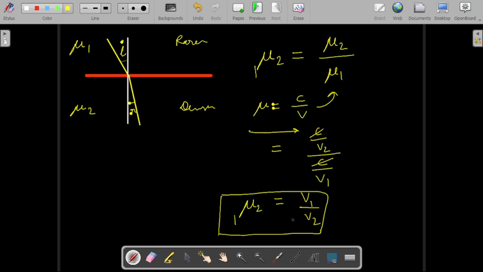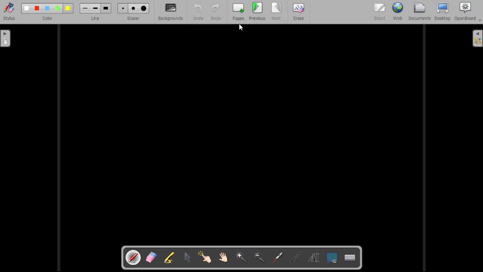Now, moving to the next topic, if we have got this formula, then we can write it in terms of wavelength if we want. How? We know the formula for velocity is f lambda. If we replace v1 and v2 in the equation of refractive index, which was 1 mu 2, the refractive index of medium 2 with respect to 1, equal to v1 upon v2, then in place of v1 we write f lambda 1, and in place of v2 we write f lambda 2.